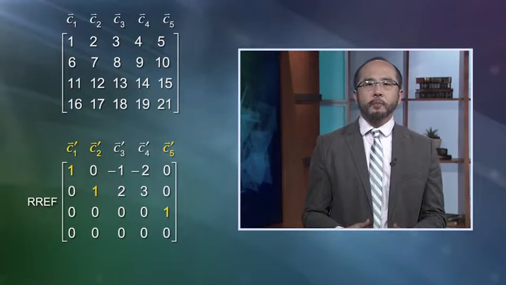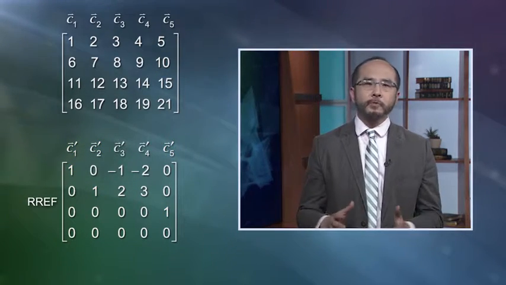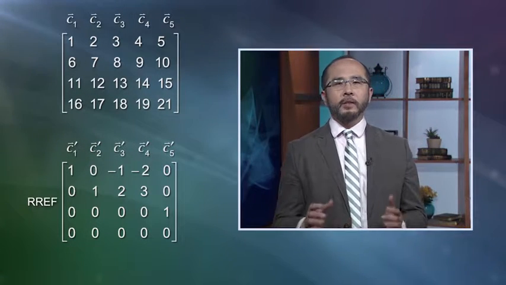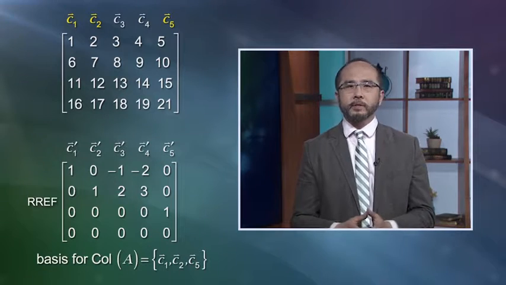These are the so-called pivot columns. In this case, it's the first, second, and fifth columns, C1 prime, C2 prime, and C5 prime. This tells me which of the original columns will form a basis for the column space of A. In this case, C1, C2, C5 are a basis.